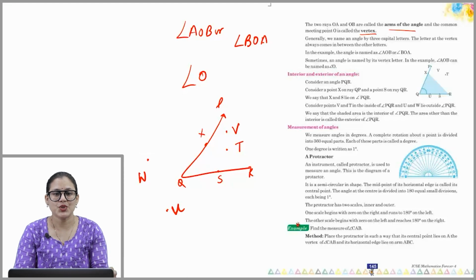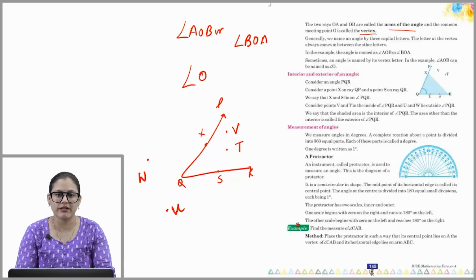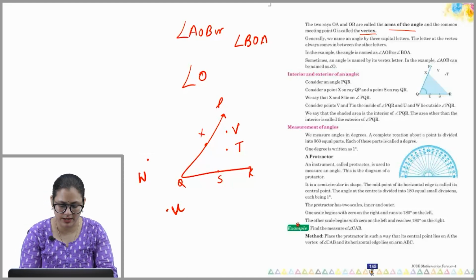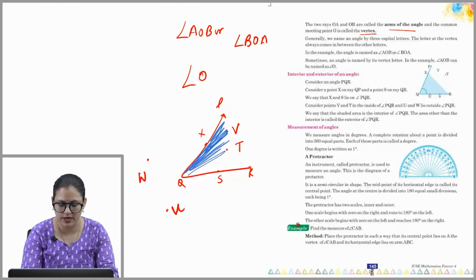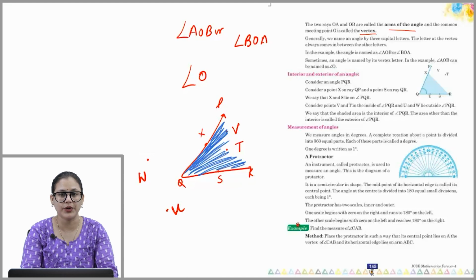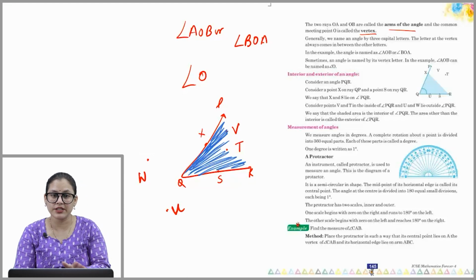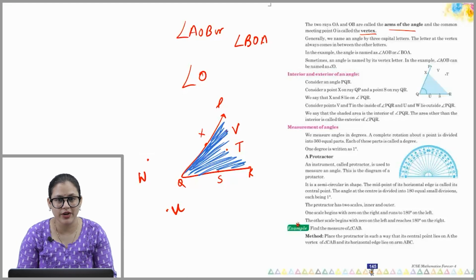So we say that the shaded area is the interior. This shaded area is the interior of the angle, and the area other than the interior is called the exterior of angle PQR, right?